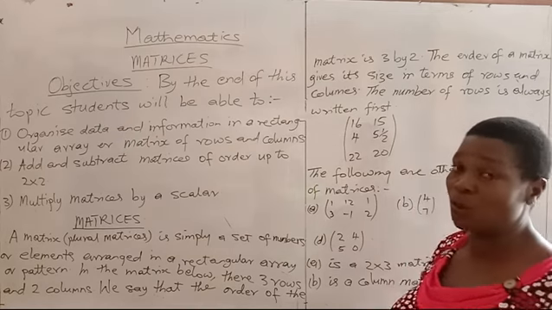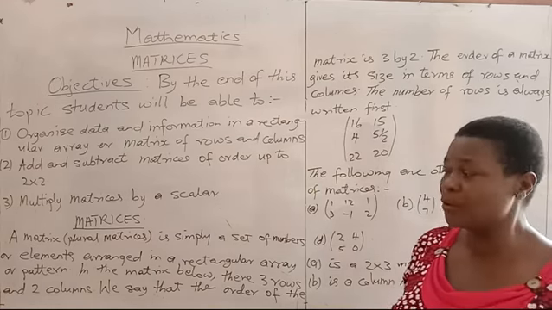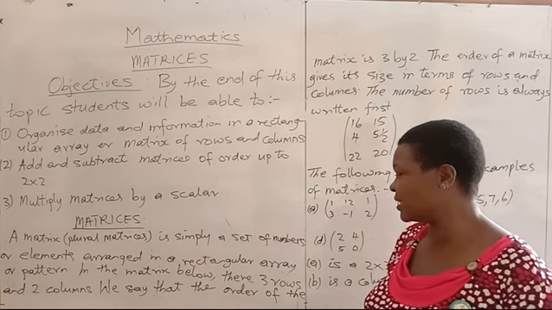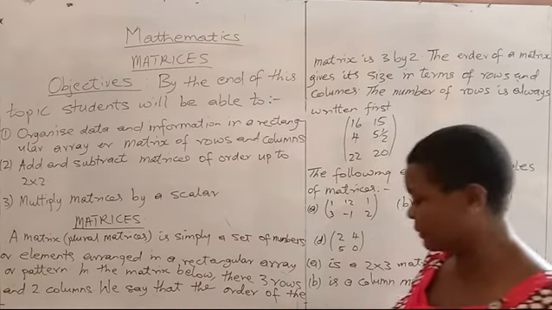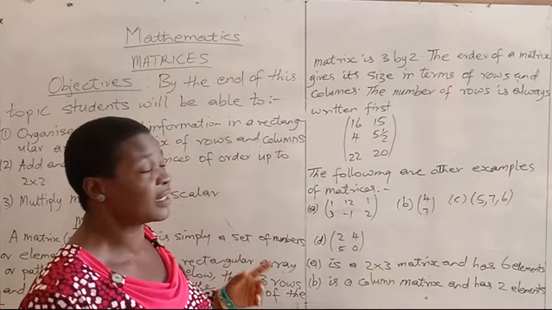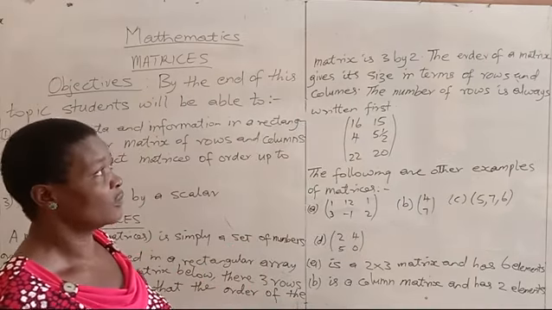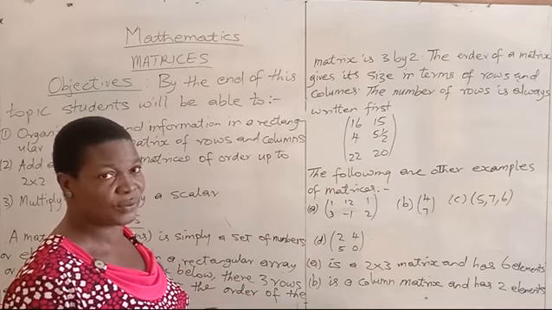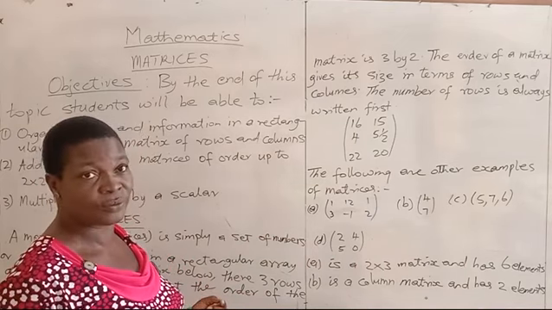In the matrix below, there are 3 rows and 2 columns. We say that the order of the matrix is 3 by 2. The order of a matrix gives its size in terms of rows and columns.